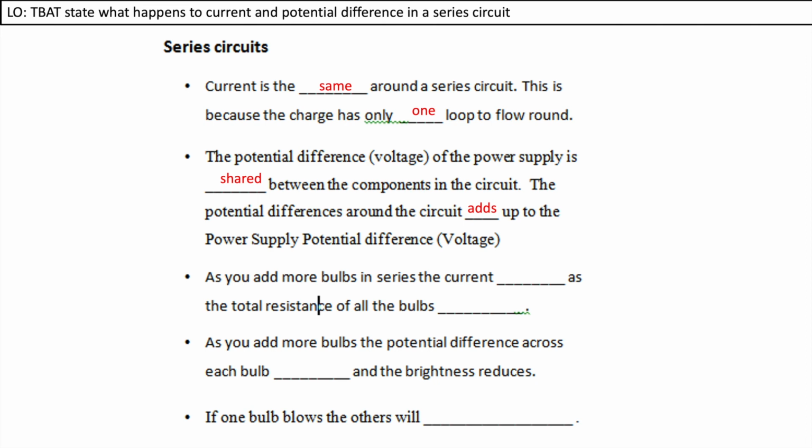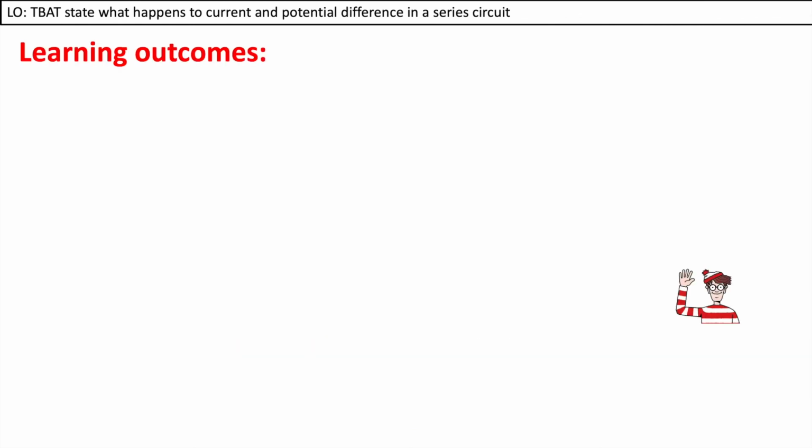As you add more bulbs in series, the current decreases as the total resistance of all the bulbs increases. As you add more bulbs, the potential difference across each bulb decreases as the brightness reduces. And finally, if one bulb blows, the others will go out because there will be no path for the current to flow. So let's check our learning outcomes.